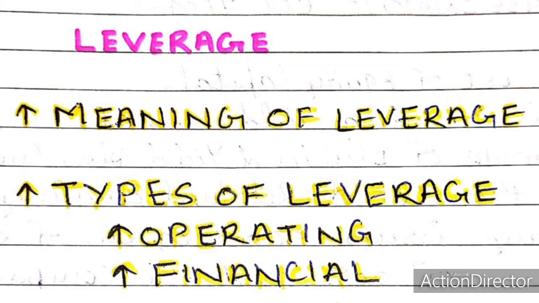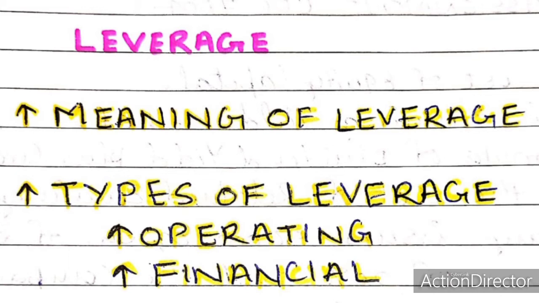The fixed cost or return may be thought of as the fulcrum of a leverage. Thus, leverage arises when the firm uses an asset or funds for which it pays a fixed cost or return.